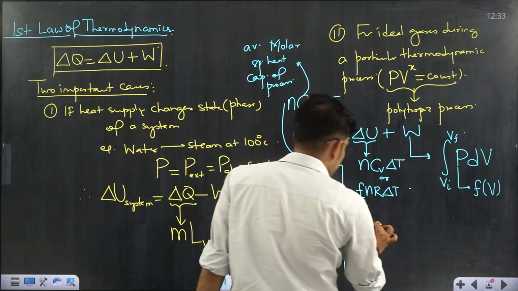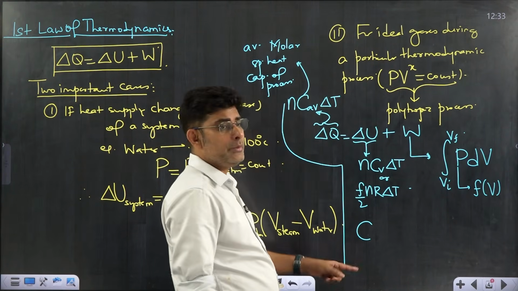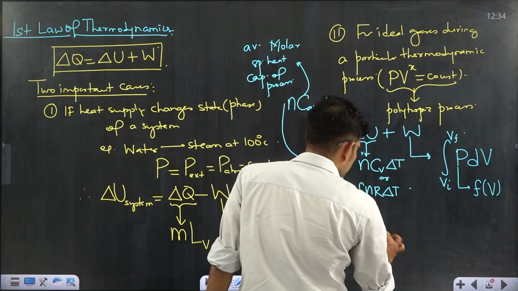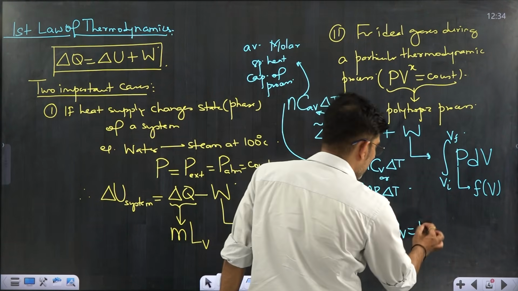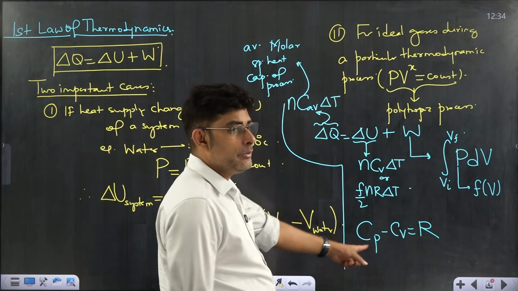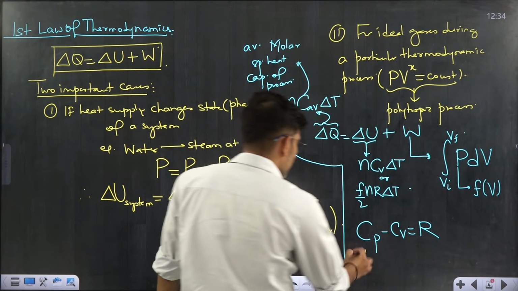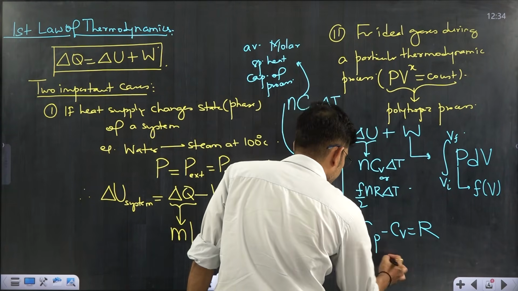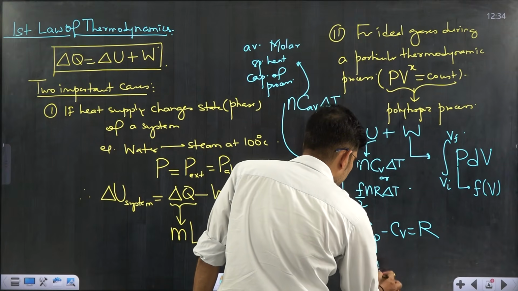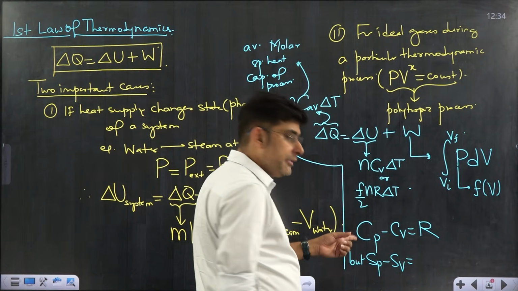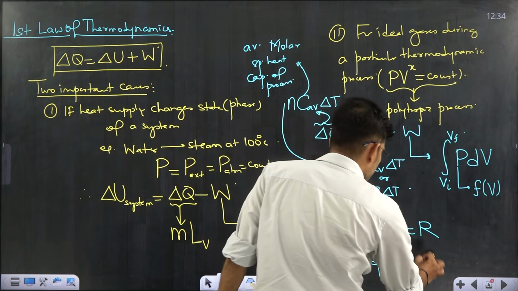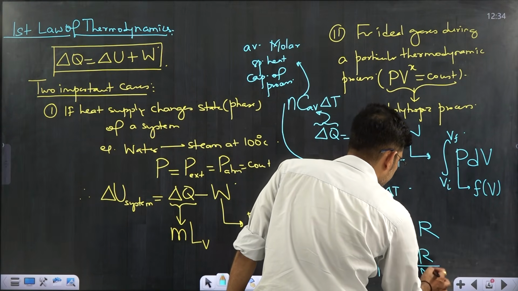So when we have this particular equation, you can see all the terms. Now we have two important values of C, one is called Cp, one is called Cv. So Cp minus Cv, these are molar specific heat capacities, this is always equal to R. But if you write specific heat capacities, which is Cp by molecular weight, so this will become R by molecular weight.